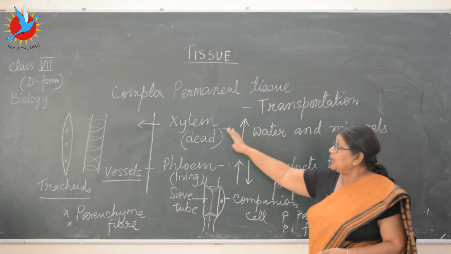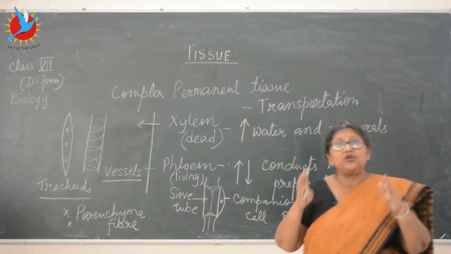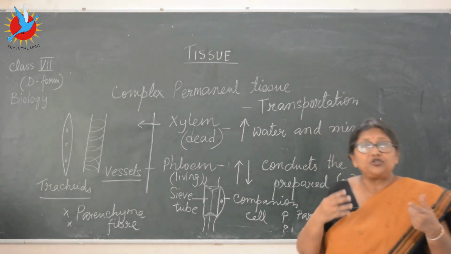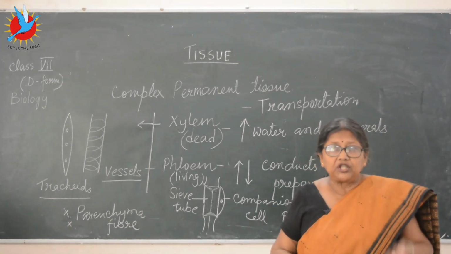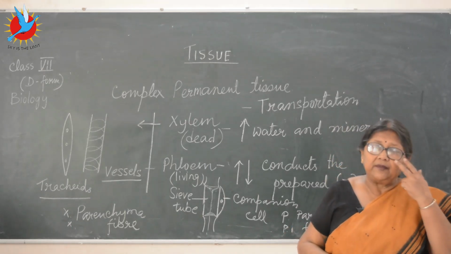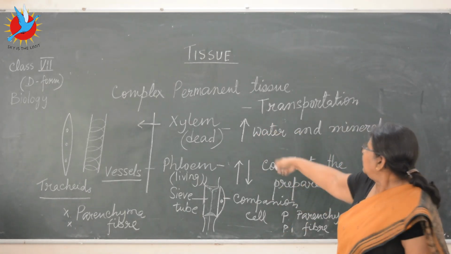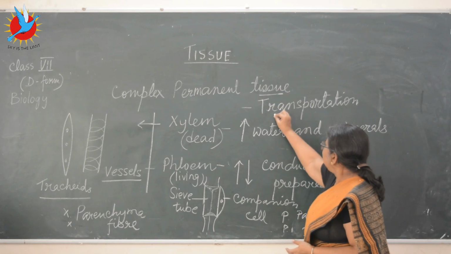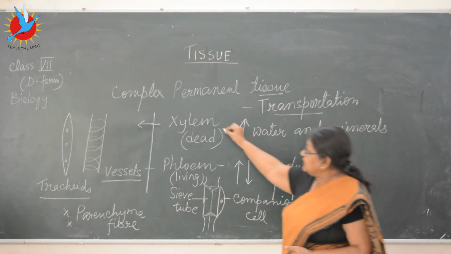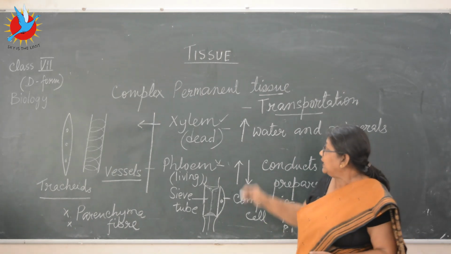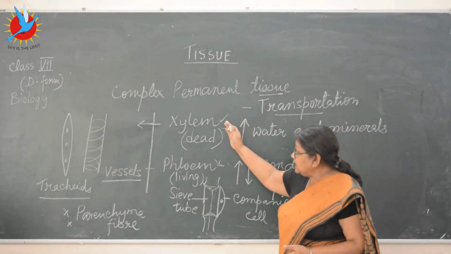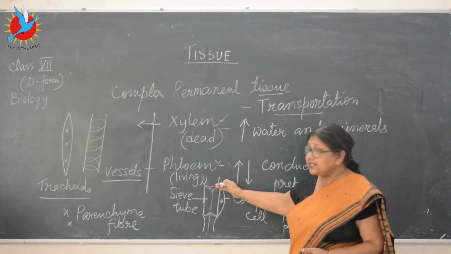What is the complex permanent tissue? The tissue which is known as the conducting tissue or transporting tissue, whose function is transportation of water, minerals, food, everything. So this tissue's function is same, that is transportation, but the cells are different, xylem and phloem. That's why it is complex. Xylem is the dead cells, phloem the living cells.